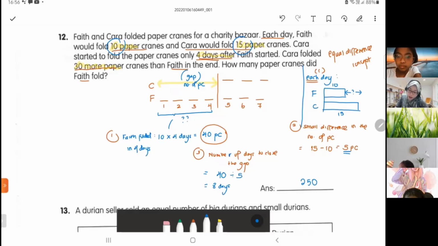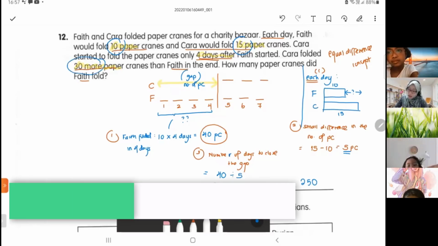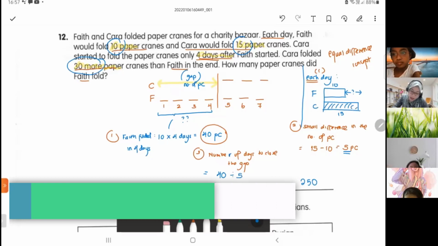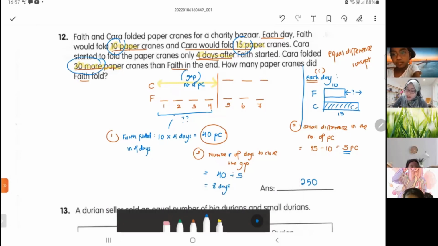So the next one, Kara folded 30 more paper cranes than Faith in the end. In the end, if you look at each day, Kara is already more, right? That's why in the end, she will also fold more, because for every day, Kara folds more. So common sense means Kara will have more eventually, because in one day, she has more folded paper cranes, even though she started later. Because she folded more, of course, she's going to catch up a lot faster.